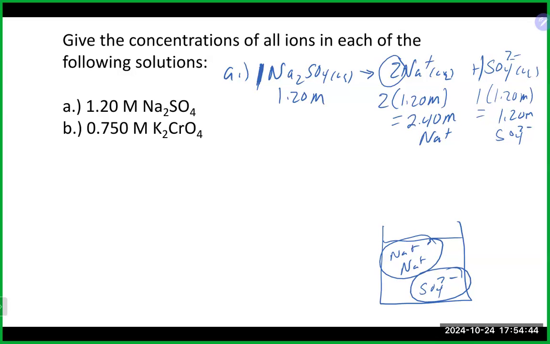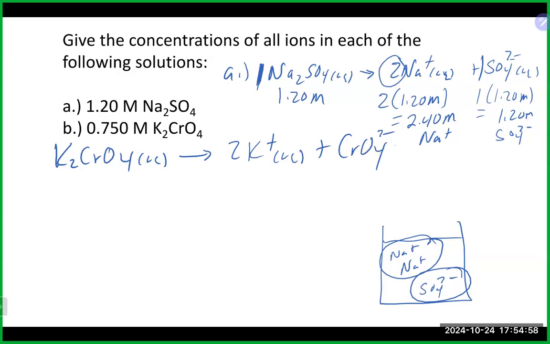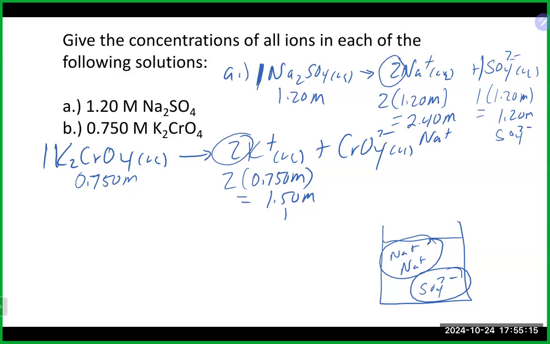Looking at the second one, that's potassium chromate. Also, when it goes for a little swim, it's going to make a couple of potassium ions and a chromate ion. Again, we could apply the same logic. It's going to be a 1 to 2 relationship for our potassium, so we need to multiply by 2 to get the proper concentration: 1.5 molar potassium.